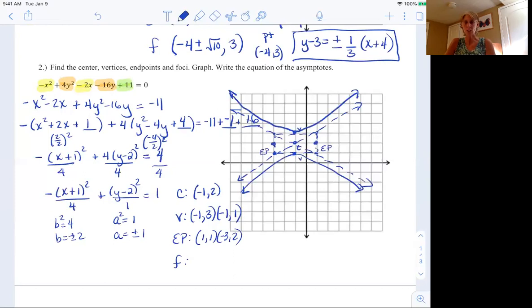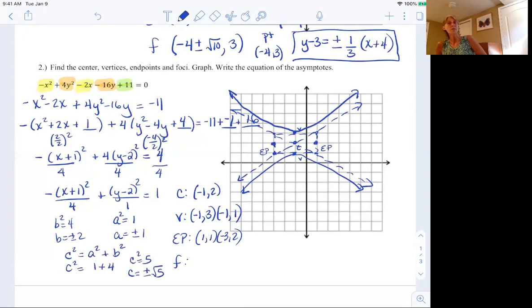The last thing that has to go on are the foci. The foci, we're going to get their place by plugging in and using our formula. 1 plus 4, so c squared is 5. C is going to be plus or minus radical 5.